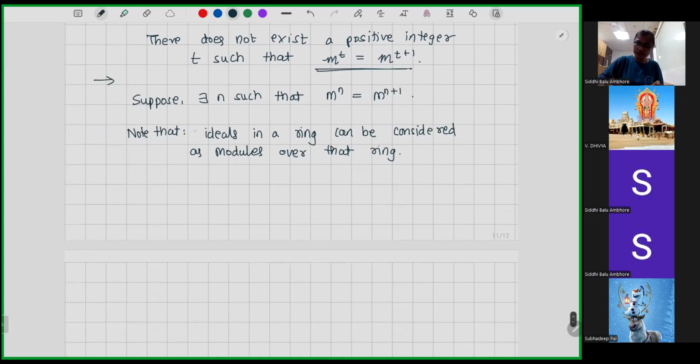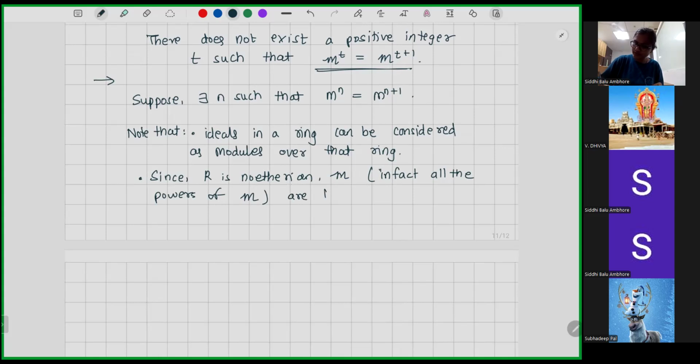And apart from this, since our ring R is Noetherian, this M and in fact all the powers of M are finitely generated, finitely generated as an ideal and also finitely generated as a module.